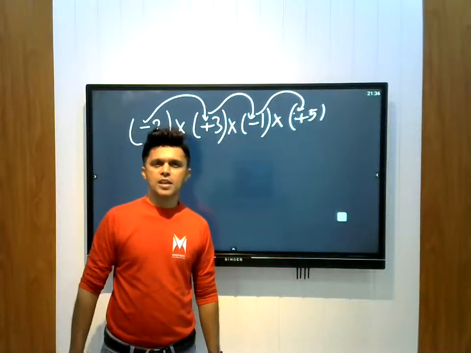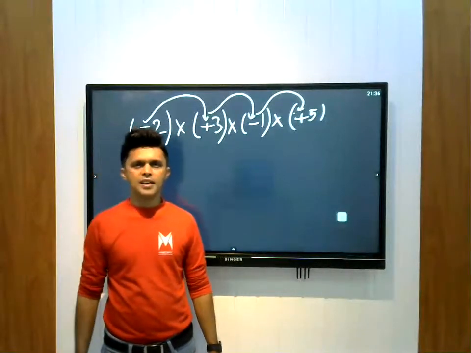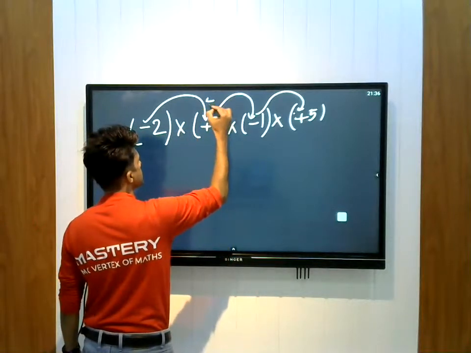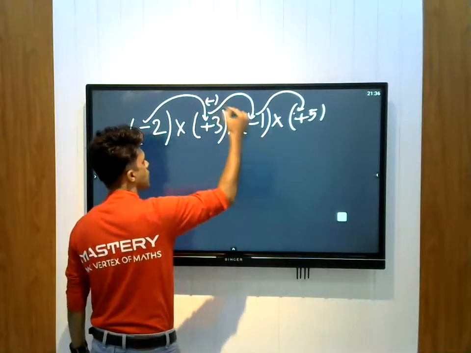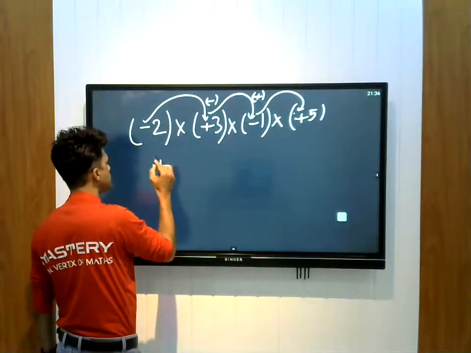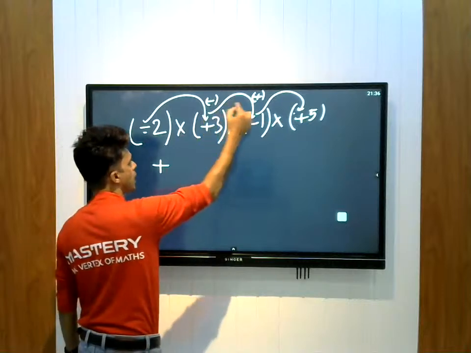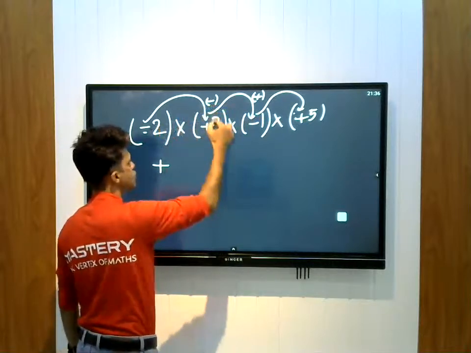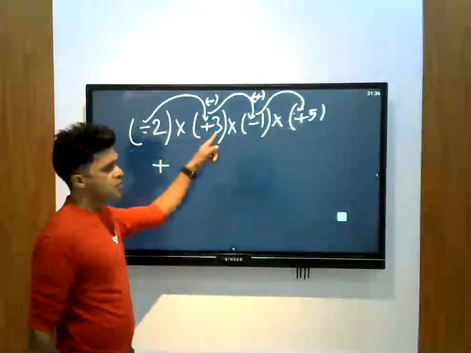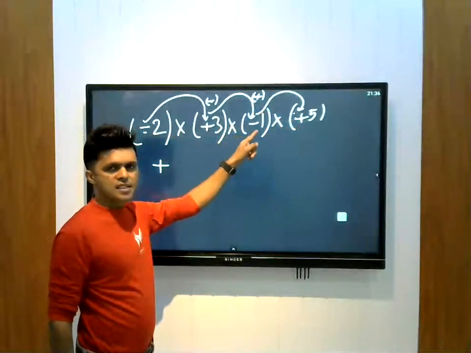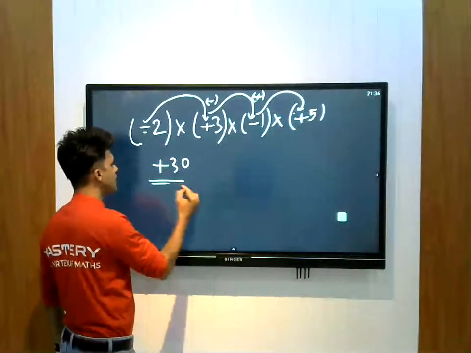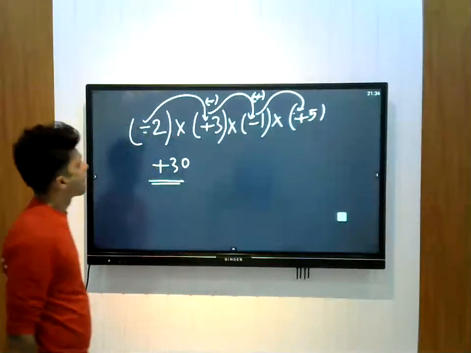Writing easily, you are able to get the answer when you learn these concepts, right? So minus into plus is minus. This minus and this minus, minus into minus plus. Plus into plus is plus. 2 times 3 is 6. 6 into 1 is 6, 6 times 5 is 30. The answer is 30.